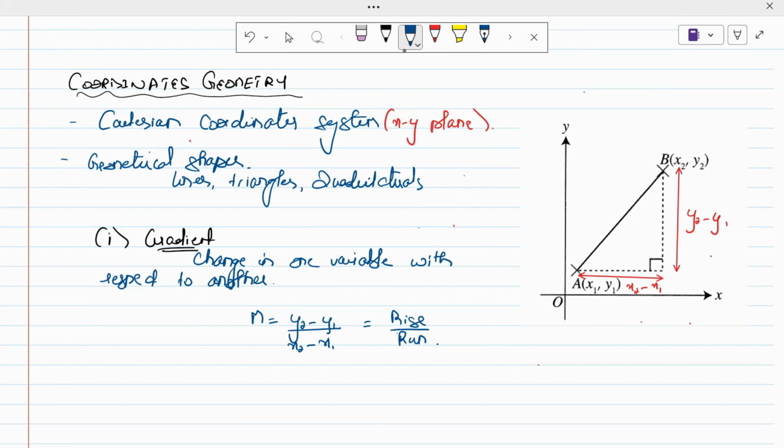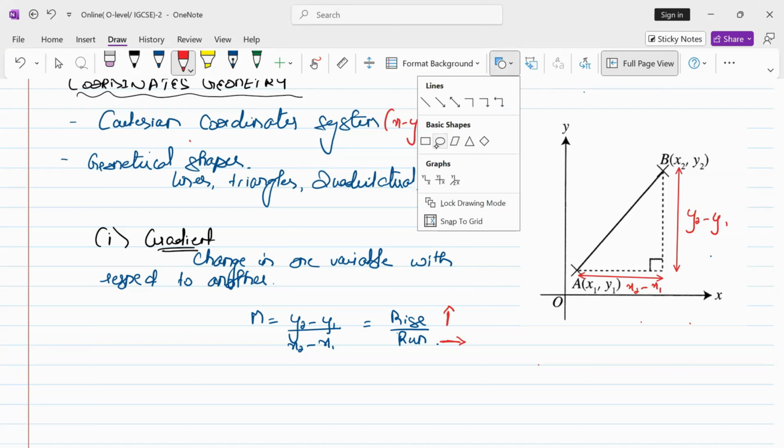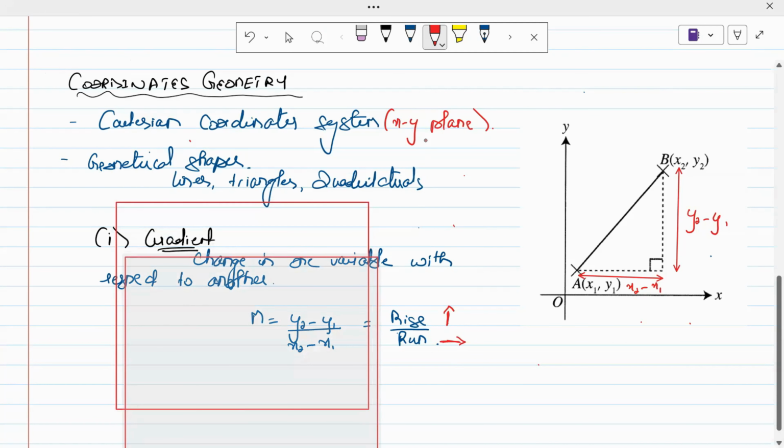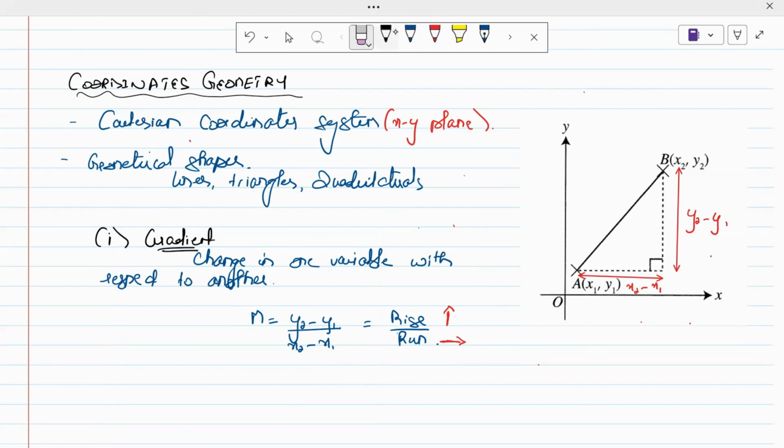Rise means vertically how much there has been a change in the vertical direction, and run means the change in the horizontal direction. So rise over run. That is the first formula. We can do a few examples about it.